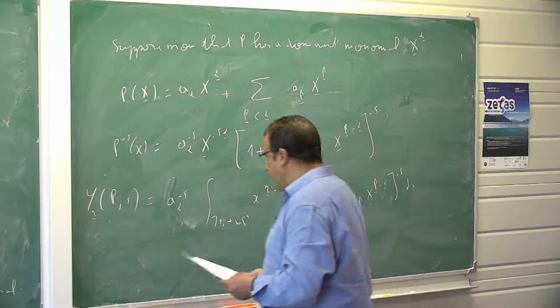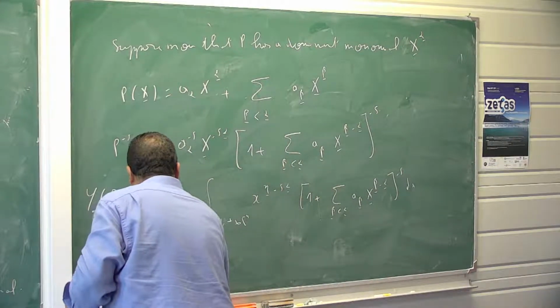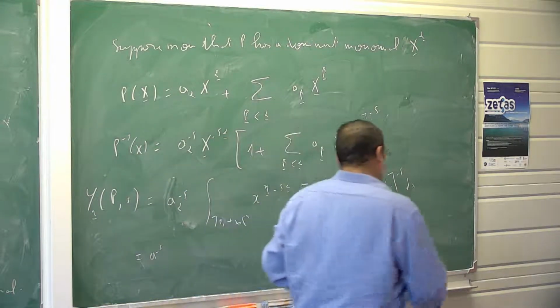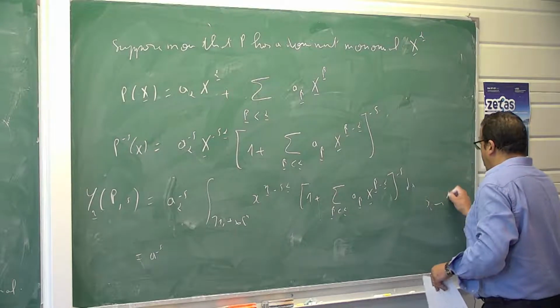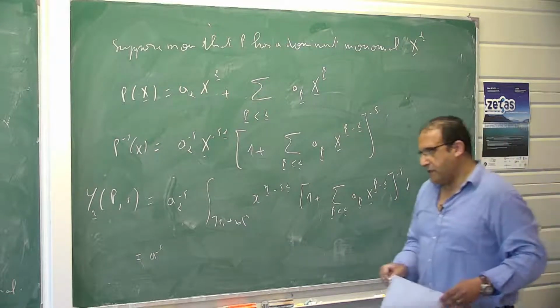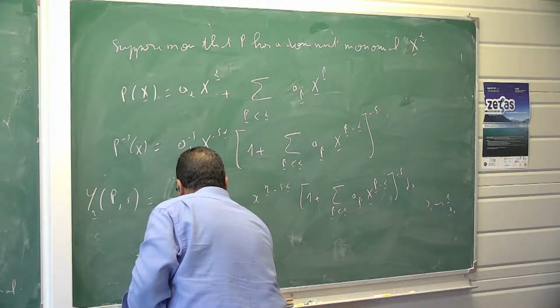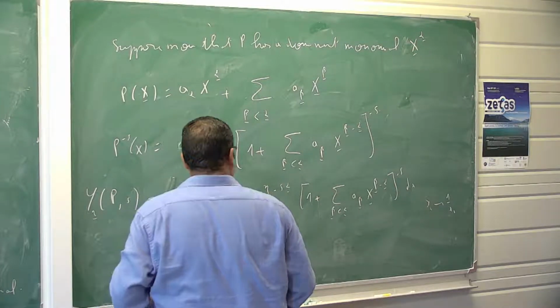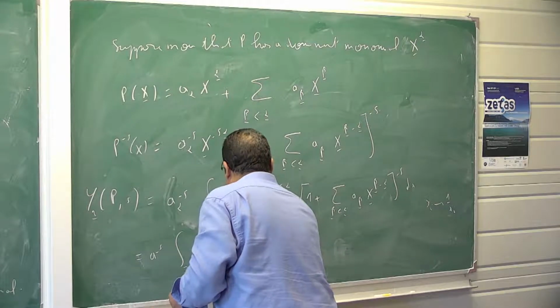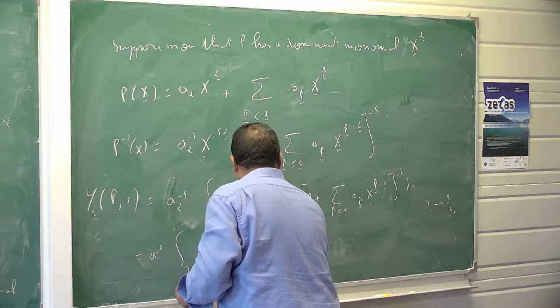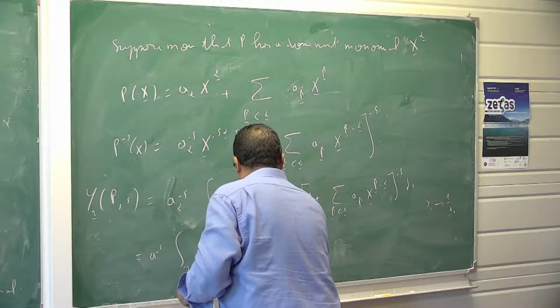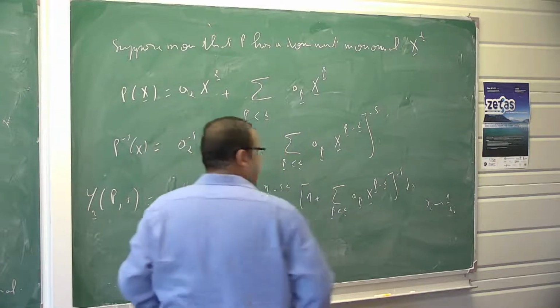And this is also equal, by a simple change of variable xi equals 1 over xi, to the integral from 0 to 1 of x to the power minus S minus eta plus S alpha.